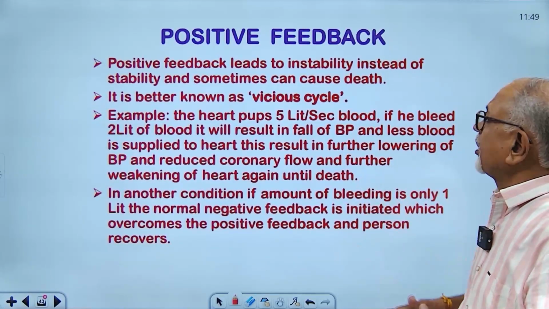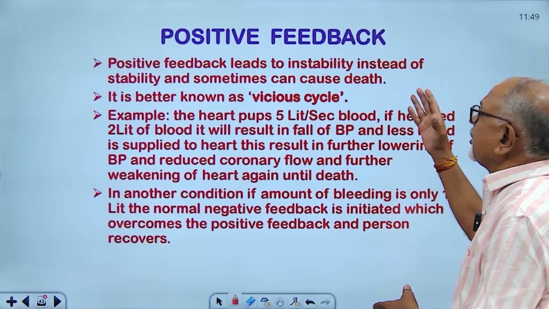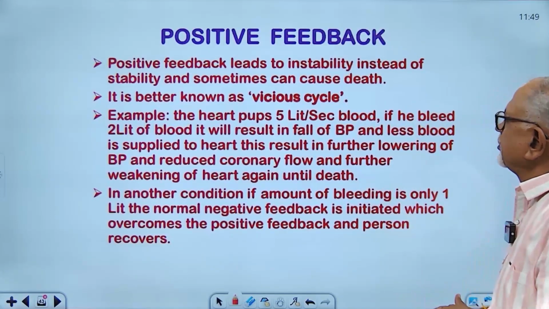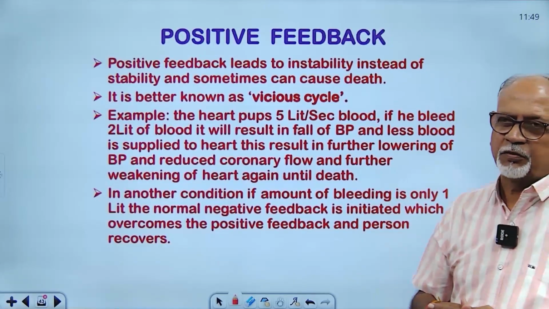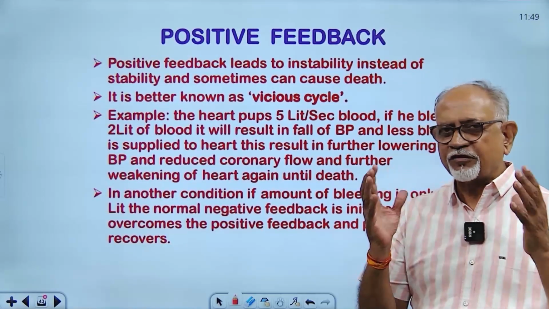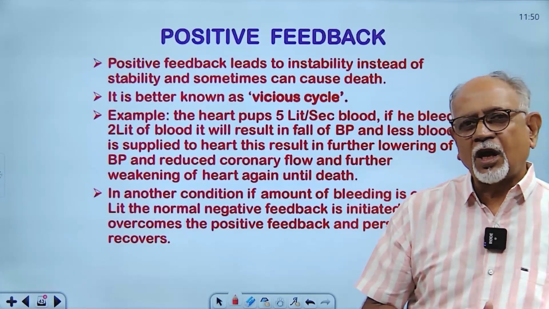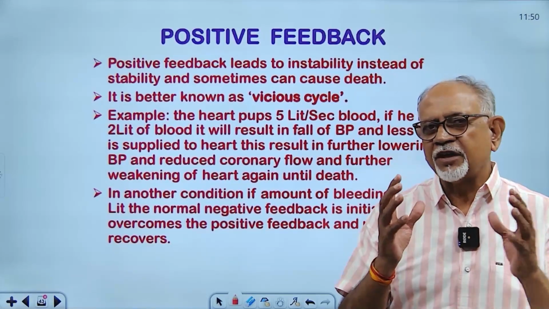Most of the time, the positive feedback leads to instability instead of stability, and sometimes can cause death. Most of the control systems of the body are governed by negative feedback systems.